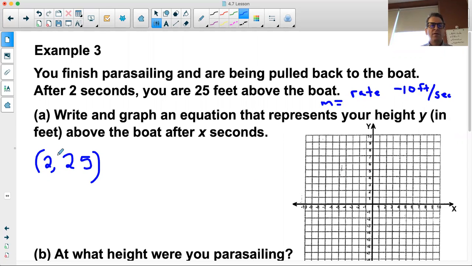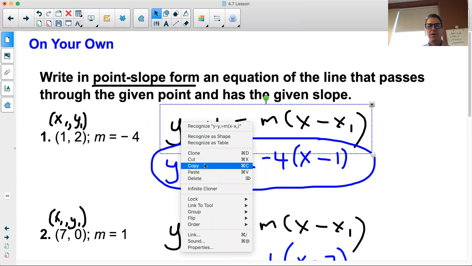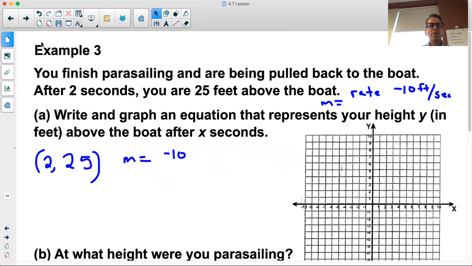So what you have here is a point in time, 2 seconds, and you're at 25 feet above the boat. That's your point, and you have your slope, or your rate, as negative 10. You can write an equation representing this situation by using our point-slope relationship. I'm just going to grab this from this page, copy it, and bring it on over.